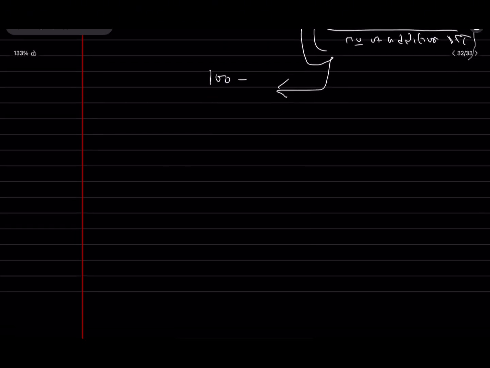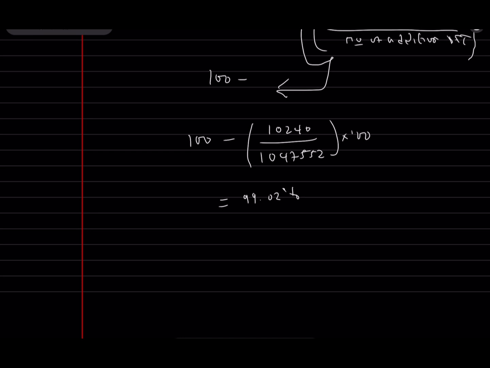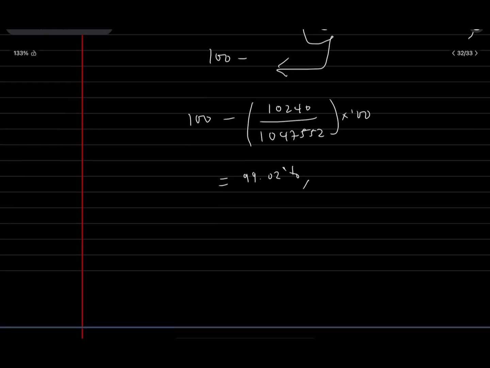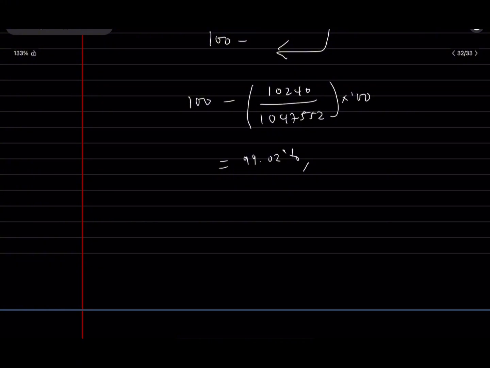So 100 minus 10,240 over 1,047,552 times 100, you will get something like 99.02%. By using a calculator, 99.02% is the percentage saved when you use the FFT algorithm.